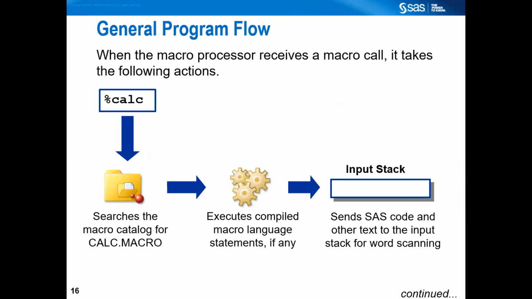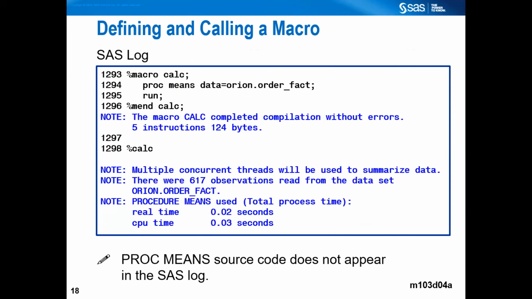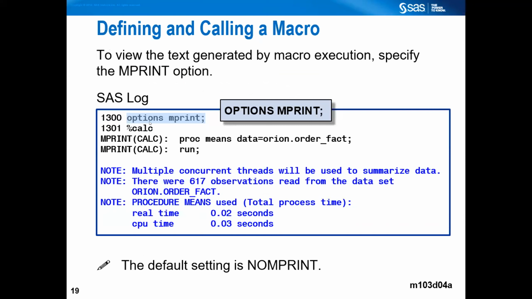Correct. So see here, when you called it, it's not having mprint. But if you want to check, you use this option mprint, you get this information. That's what it's telling. Default setting is nomprint. Okay, thank you.